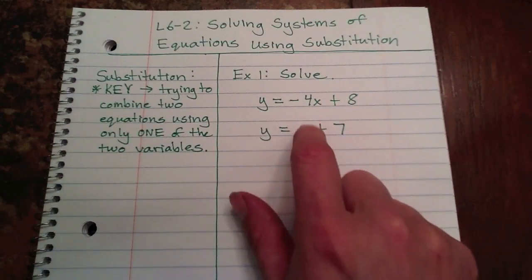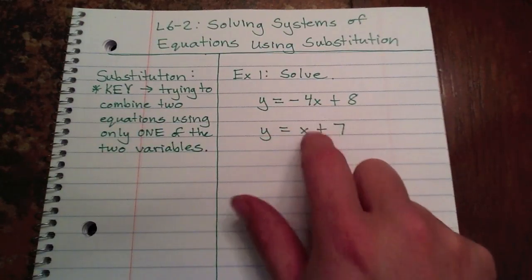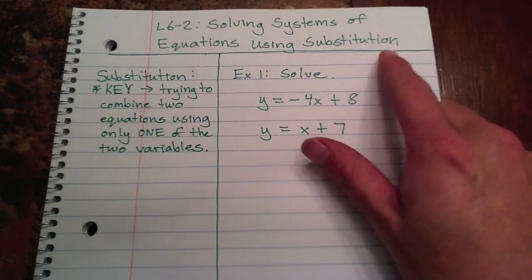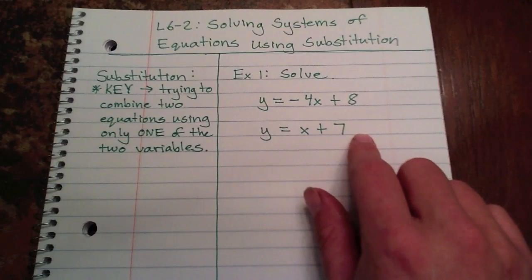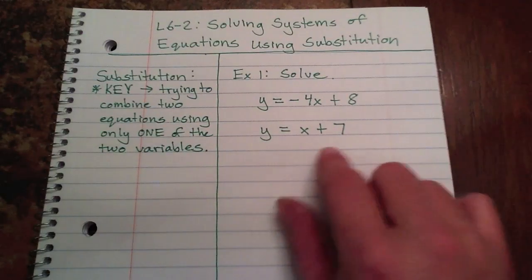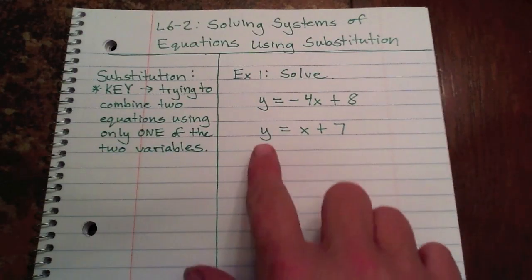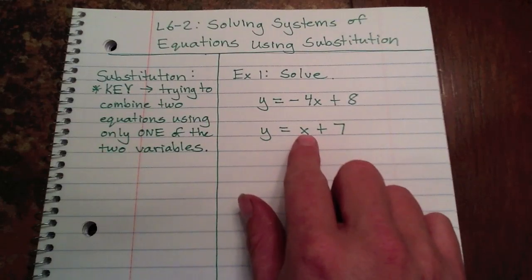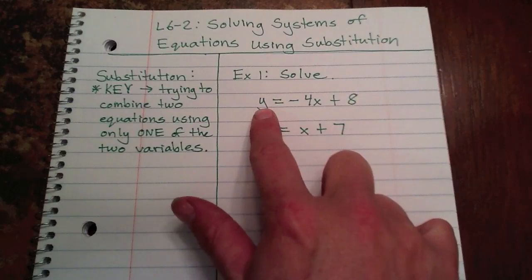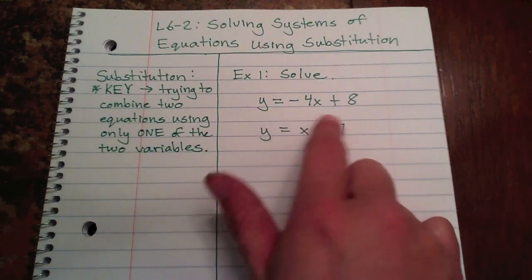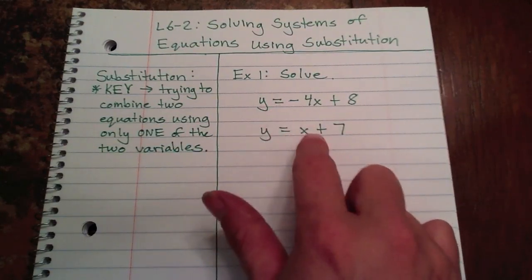So the goal here is to take one of these two equations and substitute it into the other equation so that you have one variable across the board. I'll show you what that does in a few minutes. But what I wanted you to look at is, if x was 2, we would know y was 9. We could put 9 in for y here, and we would have the same thing as this.